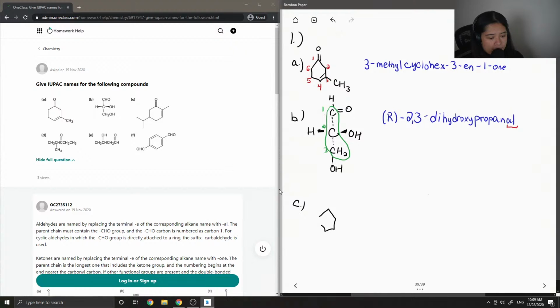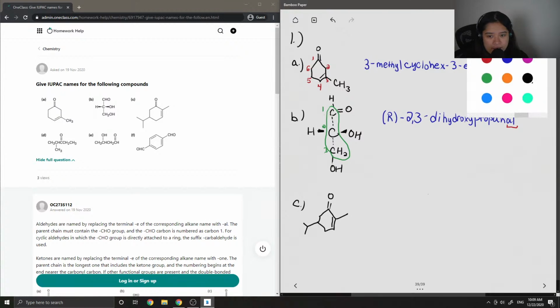We have another cyclo group, with a methyl. Okay, so notice that we have a side group here that consists of 3 carbons, but it isn't a straight 3 carbon chain.